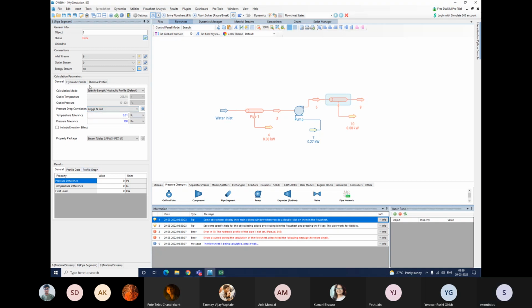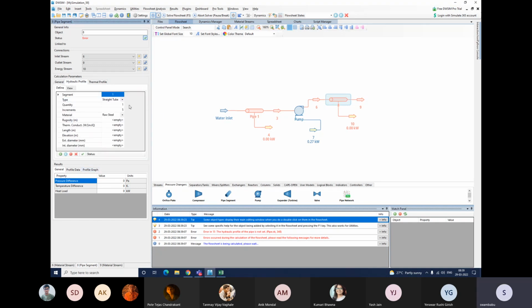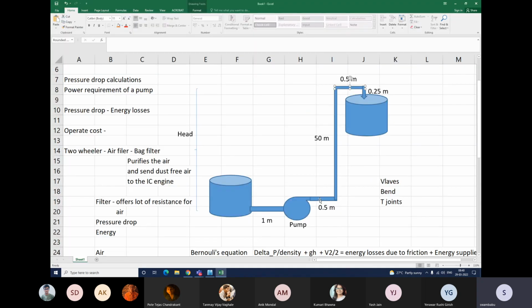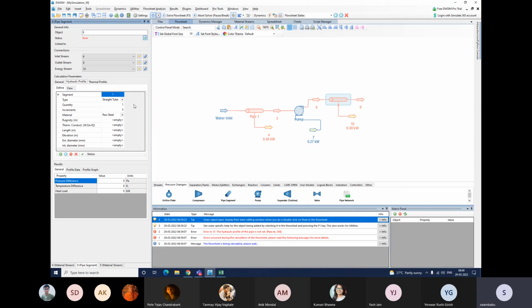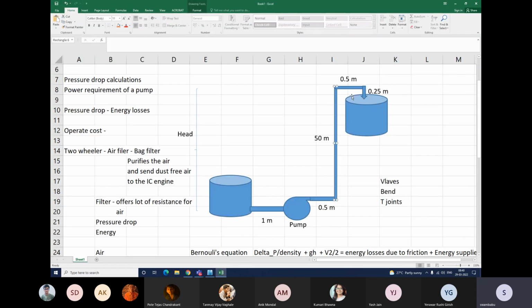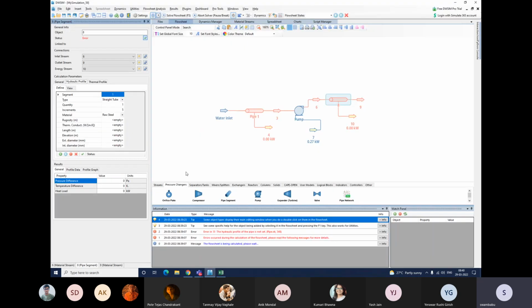Now, if you go to hydraulic profile, first of all we have a straight pipe. Then we have another pipe with certain elevation, then a horizontal pipe, then again a pipe with certain elevation. We can define all the 4 at one go in this one pipe segment.